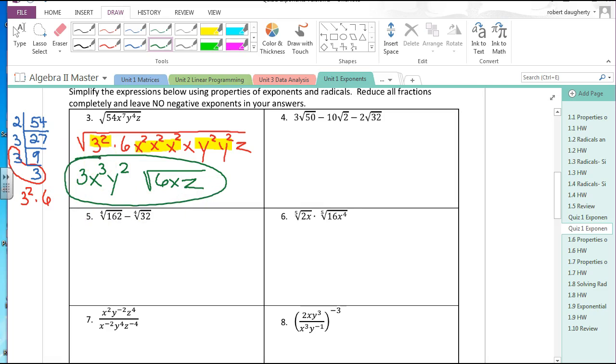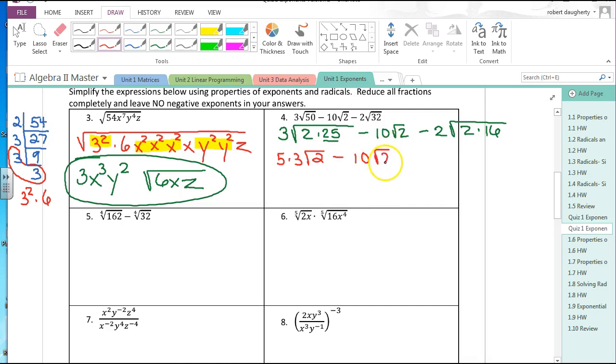Number 4, I've got radicals and I'm hoping to combine them with addition and subtraction. I can only do that if the radicals are identical. So can I simplify that? This is 3 times the square root of 2 times 25 minus 10 square root of 2 minus 2 square root of 2 times 16. In the first case, the square root of 25 is 5. So I'm going to have 5 times 3 square root of 2 minus 10 square root of 2.